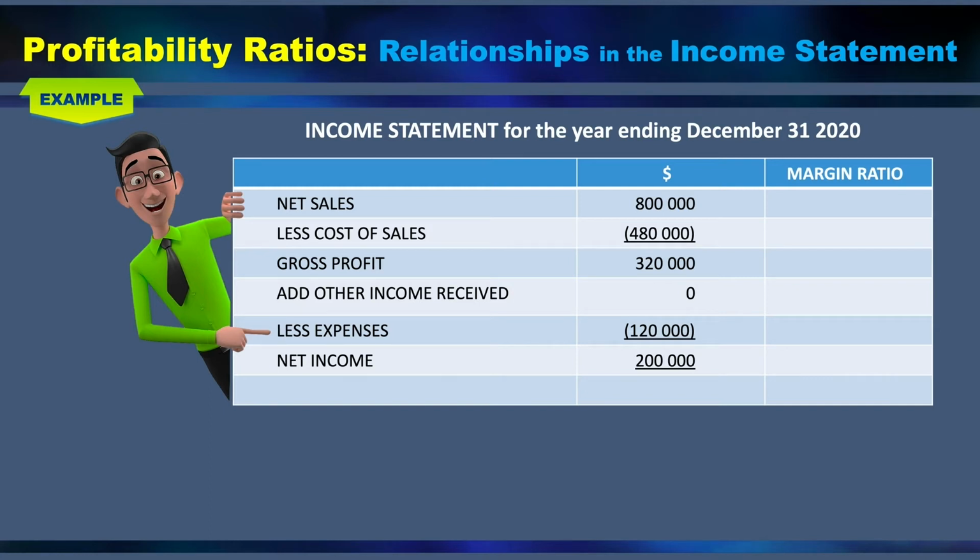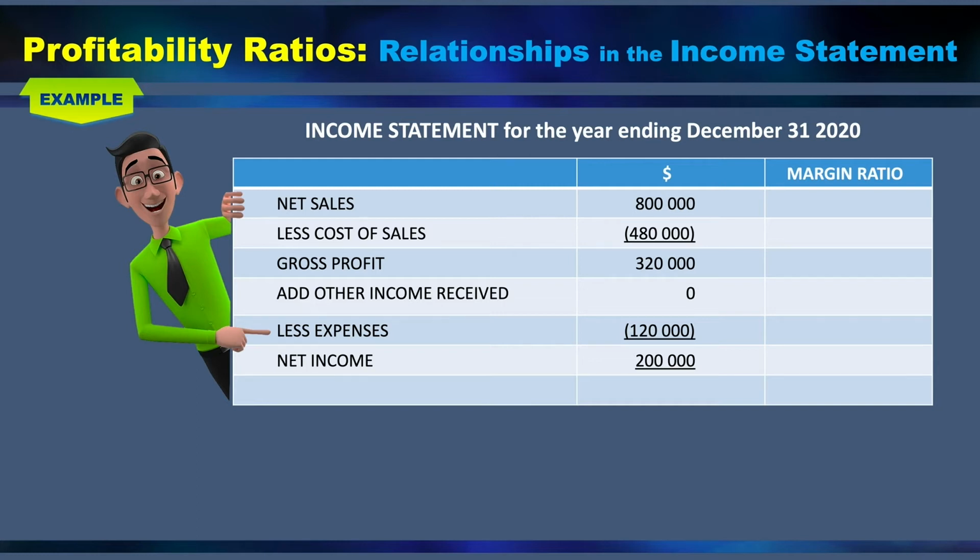Gross profit would be $320,000. There was no other income received. There were expenses, however, of $120,000, which when deducted from your gross profit gives you a net income of $200,000.